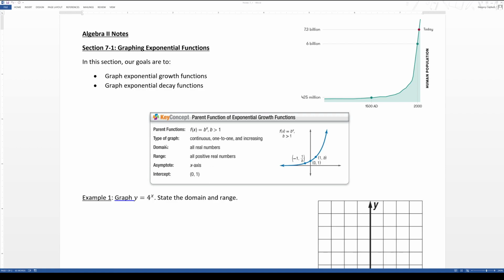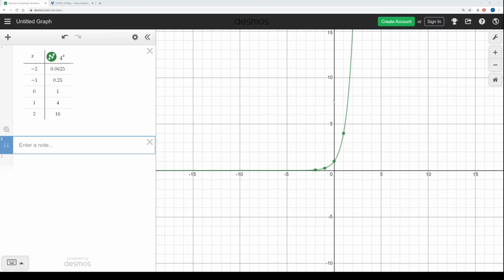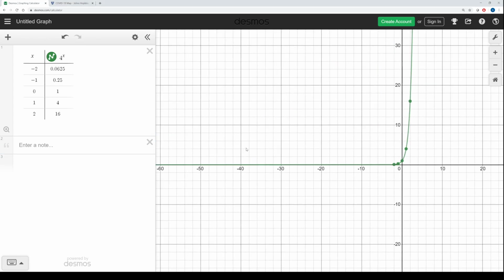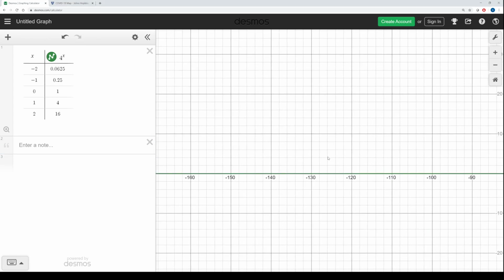It says the domain is all real numbers. Now, you can just believe it because that's what it says, but for it to be all real numbers for the domain, that means it goes forever to the left and right. So if we go back to our graph, we see that this green line keeps going to the left forever and ever and ever and ever.